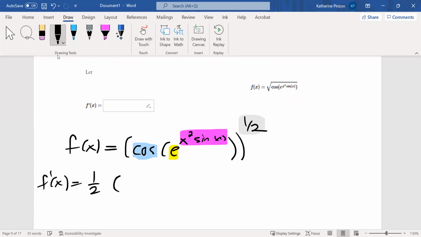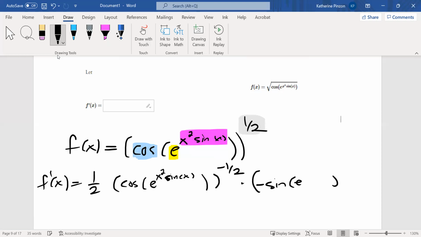Okay, derivative of something to the 1/2 is 1/2 something to the negative 1/2. The inside function doesn't change at all. Okay, times, now I'm covering up the 1/2 and I'm doing the cosine. Derivative of cosine is negative sine of something. The something doesn't change. e to the x squared sine x. Okay, times, I did the 1/2, so I cover it up.